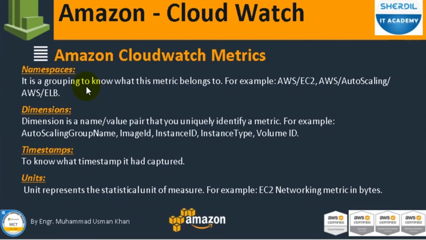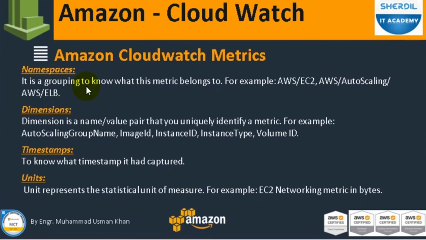Dimension is actually a name and value. If we talk about the EC2 namespace, are we talking about the billing perspective, or the CPU usage perspective? So dimensions have different domains under the namespace. Timestamp tells us when the data was captured.